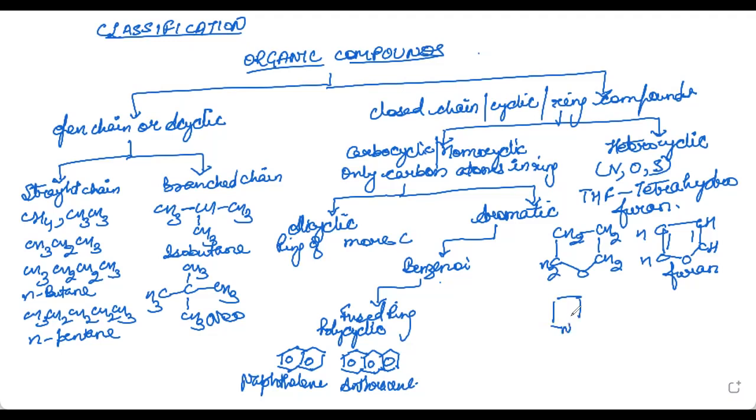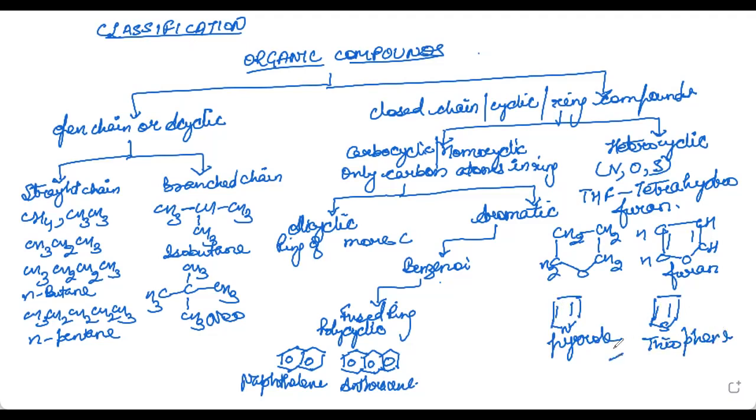In case of pyrrole, nitrogen is the heteroatom present. Then there is thiophene. Whenever the word thio is used, it means there will be sulfur in the compound. So this is thiophene.